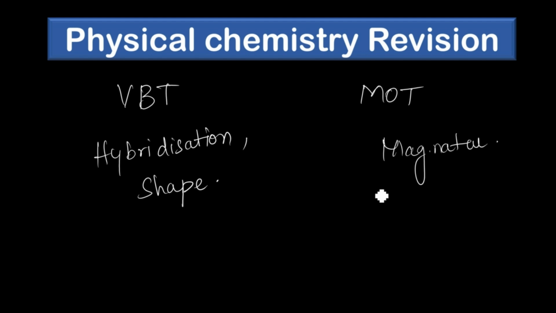So the point to be noted for MOT is that there are two categories when writing it. One is bonding, another one is anti-bonding.